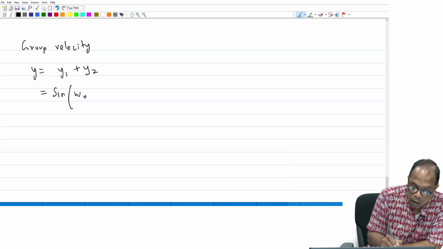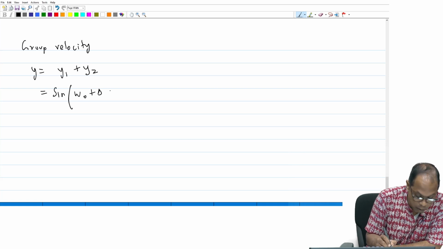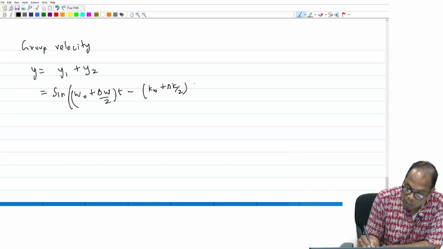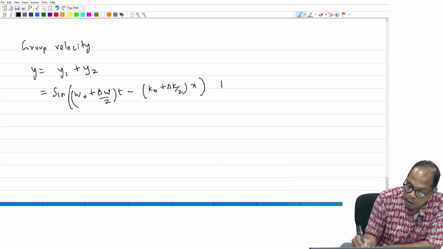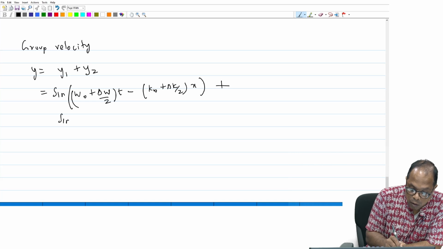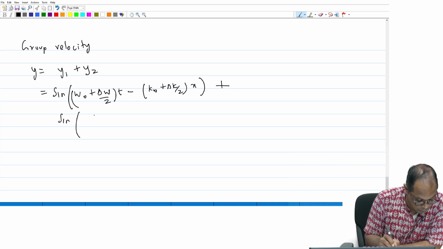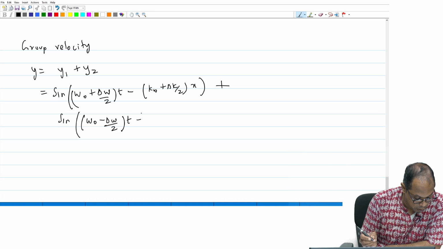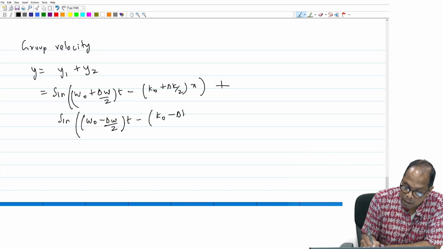I have two different frequencies, and the wave numbers are also different, plus sine of, so you have the wave numbers varying across frequency.